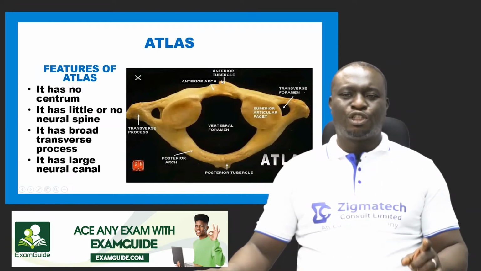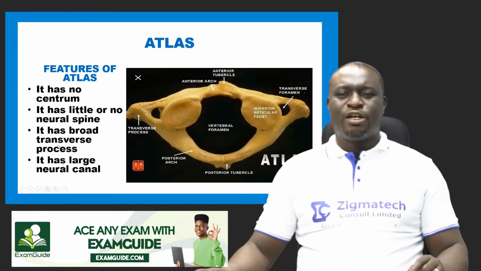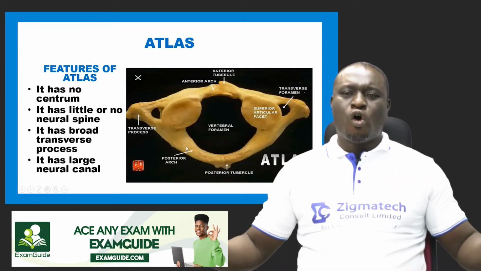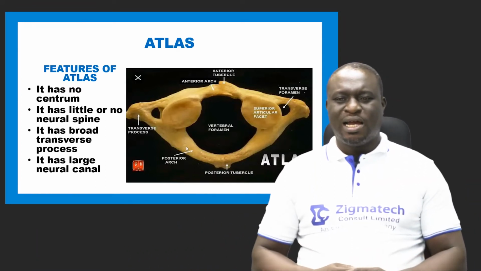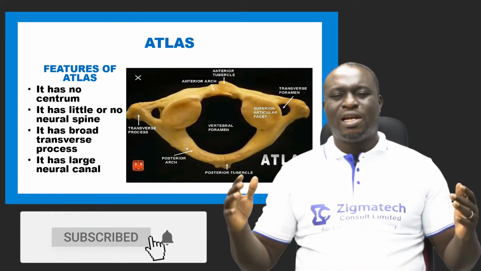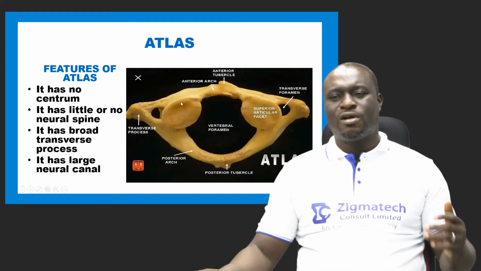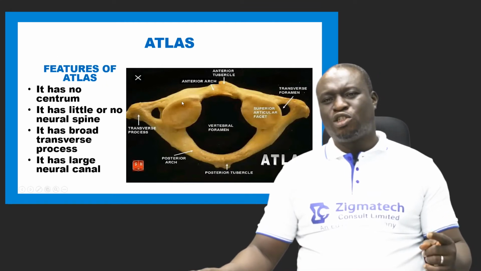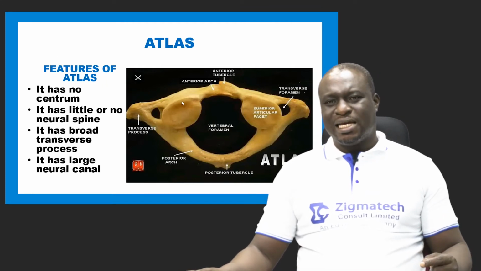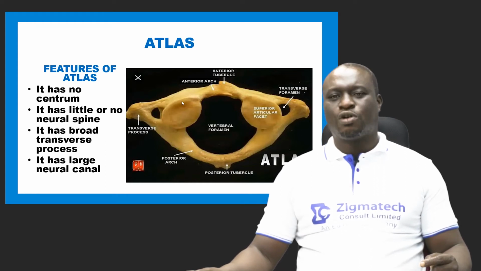Number 3, it has broad transverse processes. And number 4, it has a very large neural canal. These are features of the atlas. One of the major functions of the atlas is that it helps us to nod the head.